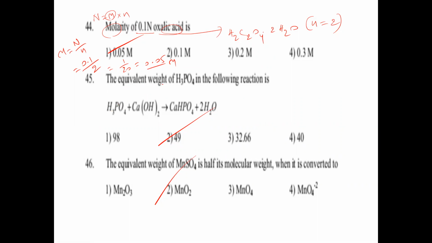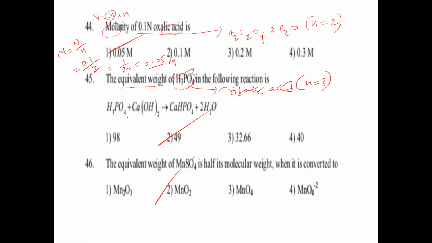Next one, the equivalent weight of H3PO4. H3PO4 is what? Tribasic acid. Tribasic acid meaning what? N factor is equal to 3 here. So the equivalent weight of H3PO4 in the following reaction is what they asked here. So actually H3PO4 can produce what? It can actually produce 3 H plus ions in total.